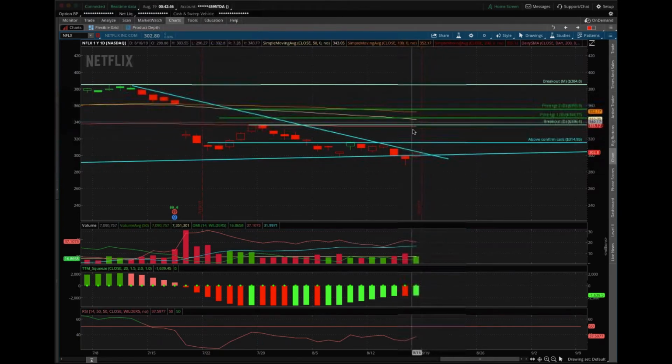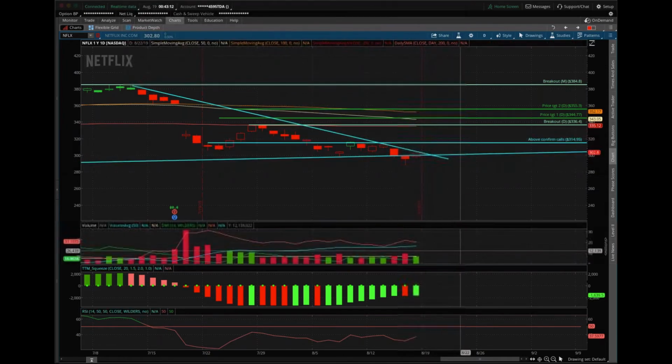Once we do that, that'd be a good sign that we're pushing up to fill this gap, most likely at about 360 area. So if we get above that 200 day, chances are we're going to go to 360 to fill that large gap that we had on this earnings right here. So anticipate a breakup.